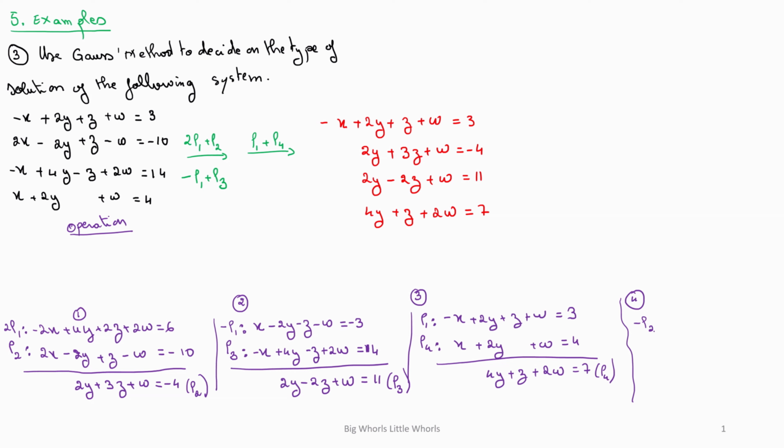Minus row 2 is equal to minus 2y minus 3z minus w equals 4. And recopy our row 3, which is 2y minus 2z plus w equals 11.